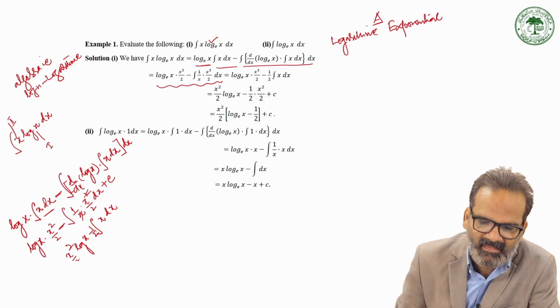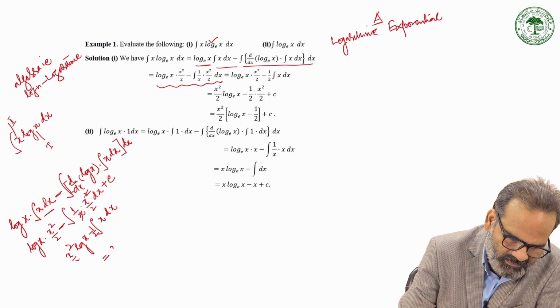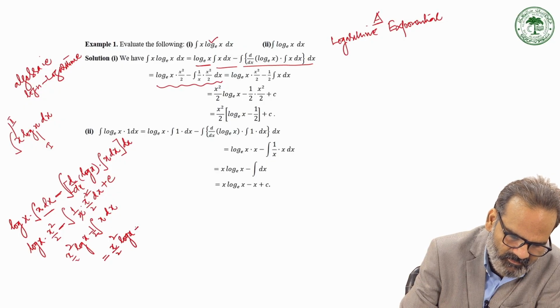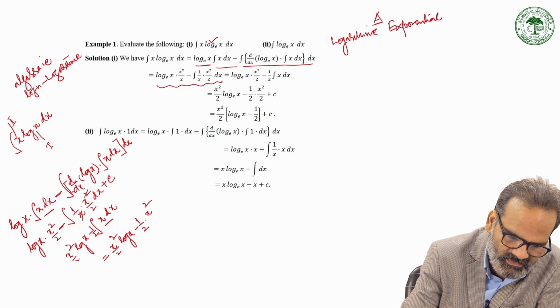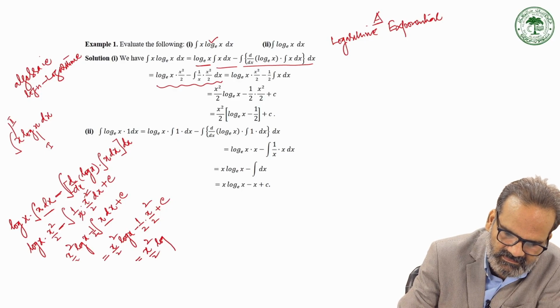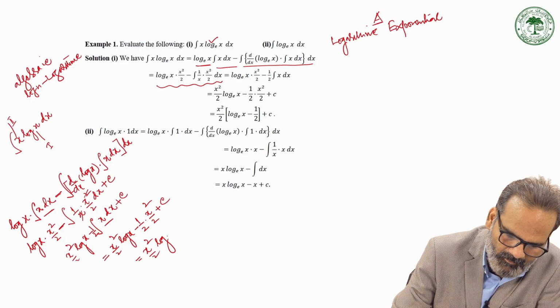This is x square by 2 times log x minus 1 upon 2, and integral of x is again x square by 2, plus c. Now simplify it. This is x square by 2 of log x minus x square by 4, plus c.